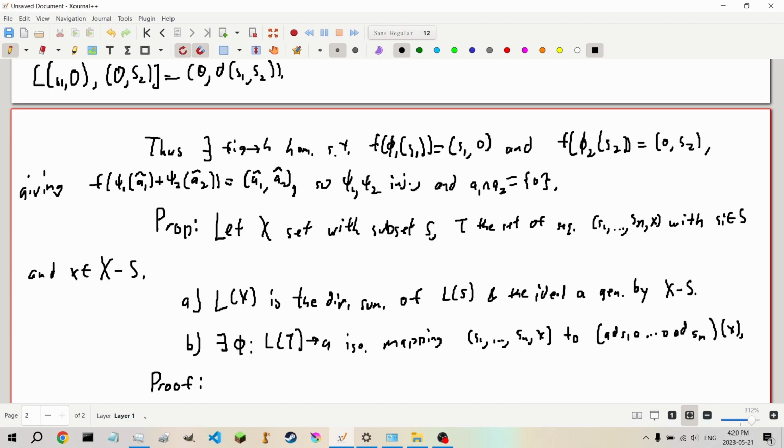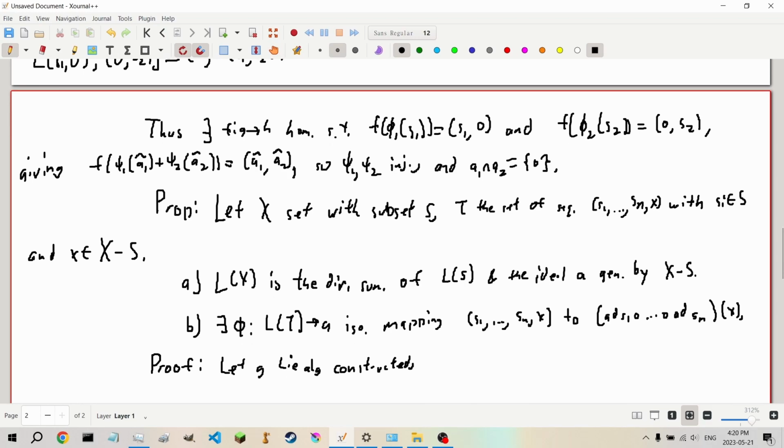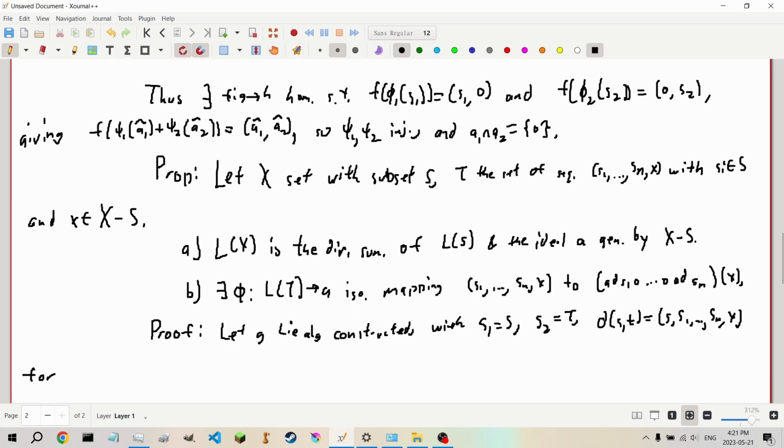Now, proof. Let G be the Lie algebra constructed in the last one, with S1 equals S, S2 equals T, and D of S and T being S through S1 through Sn X, for T being everything on the right.